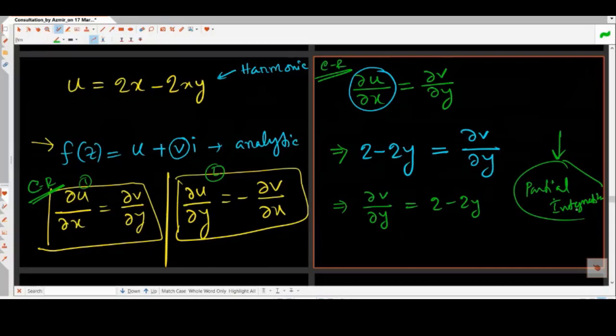So for now, this concept is new to you, but just like partial differentiation, whenever we are differentiating in terms of x, then y is constant. Similarly, for partial integration, whenever we integrate in terms of y, x will be constant. So remember that the u function is a function of x comma y. So if we integrate in terms of y, then x will be constant.